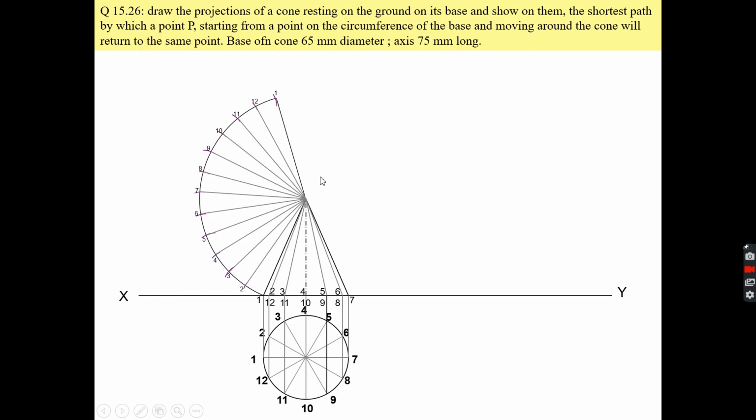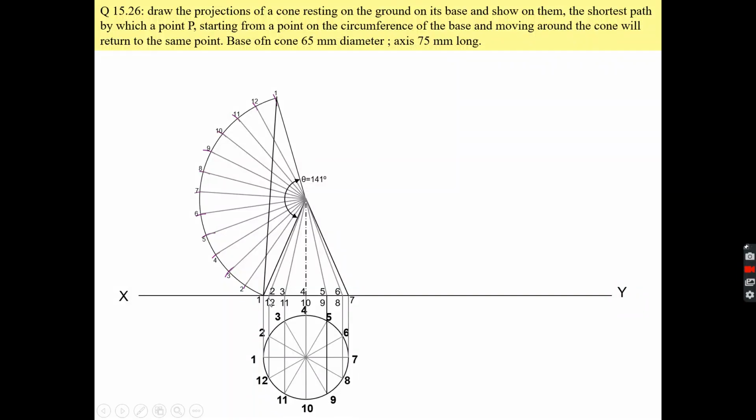In this developed part, because it is a flat surface, you can easily tell the shortest path from point 1 to point 1. Obviously, the straight line joining these 2 points 1 to 1 is the shortest path between them. So I will join these 2 points with a straight line.